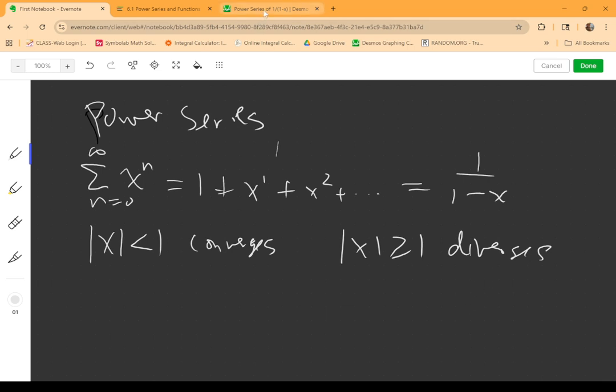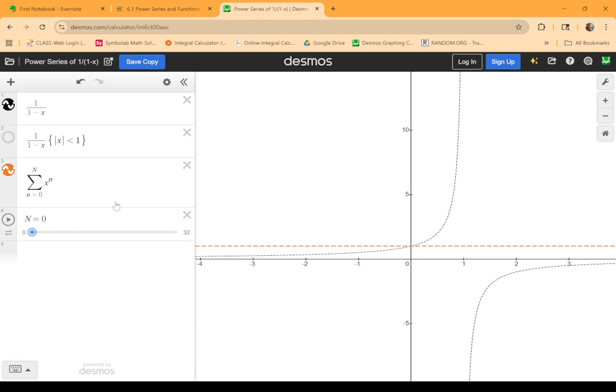Here's a brief graph of what we're doing. If you see here, you'll see the two dotted lines. The black one is the function 1 over 1 minus x, and the orange one is going to be the sum. Now, not infinite, of course, because here we're dealing with an actual program, so not infinite terms, but we can see how the function starts to take shape.